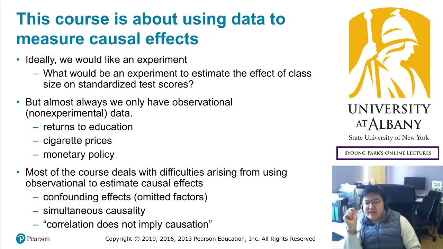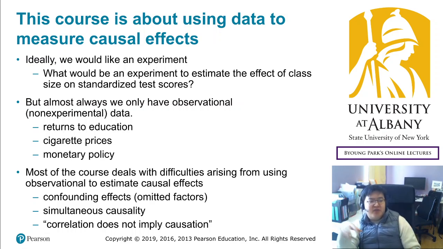So these are not experiments. Tax rates or interest rates or education are deliberately chosen by the decision maker or the policy maker, and we just observe their outcomes. It's not a perfect experiment. Still, we would like to do something, and that's what this course is for.